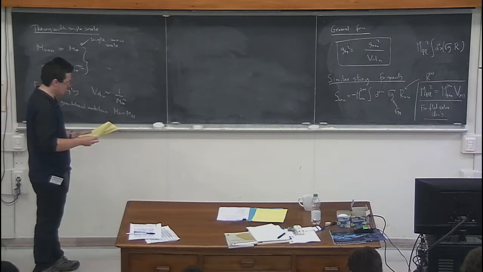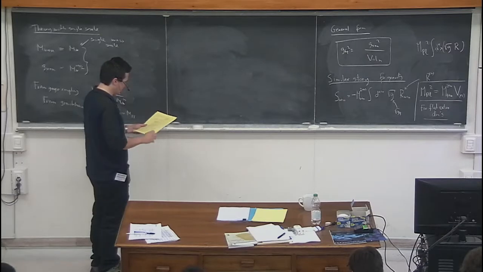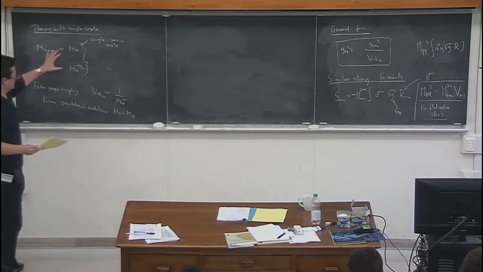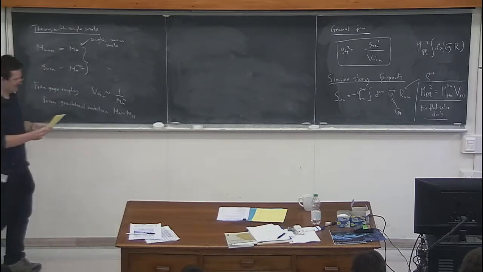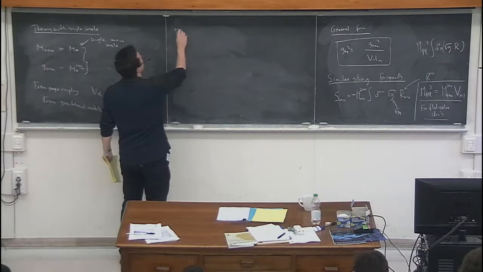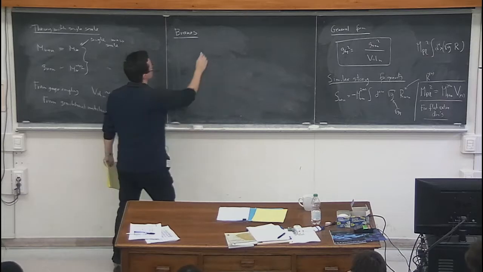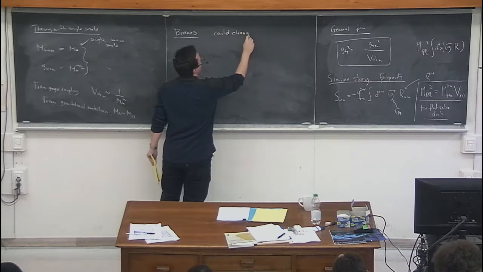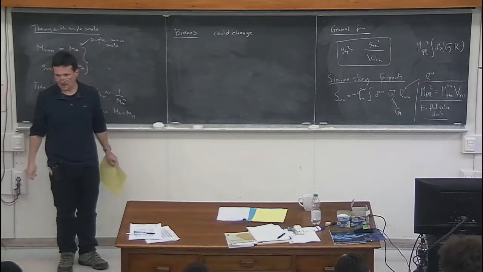So the big change that has come, at around the end of the 90s, was the realization that actually this kind of scaling can be upset by the presence of additional objects called branes. So branes could change the expected scaling of these couplings.